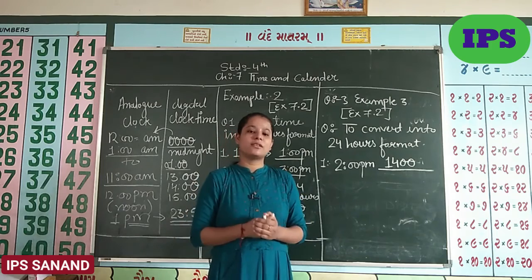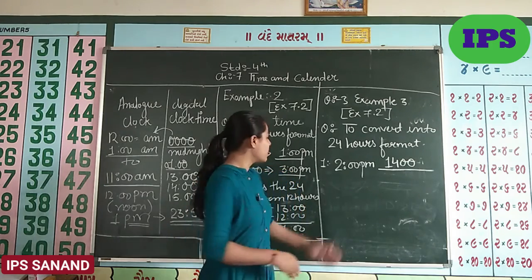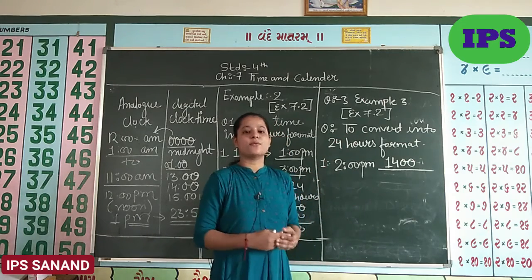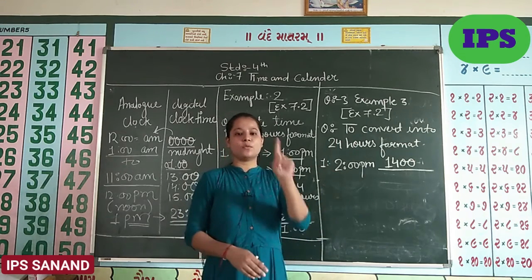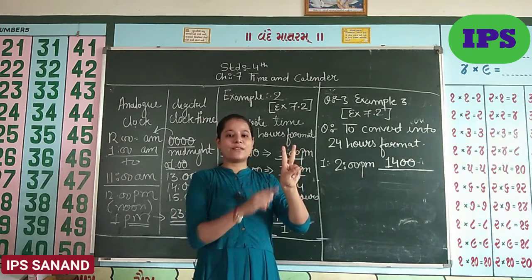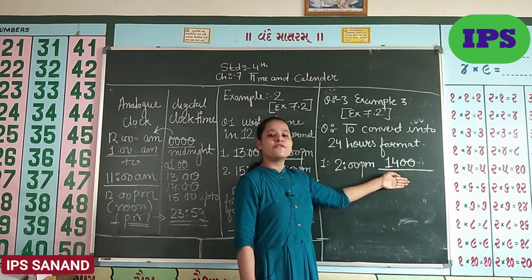But what if the time is after noon? So I have counted. After 12 o'clock, I have 1 and 2. And in digital time after 12, it will be 13 and 14. So the answer is 14.